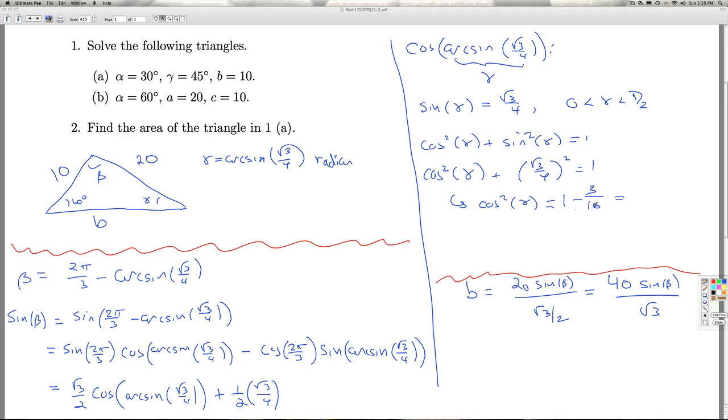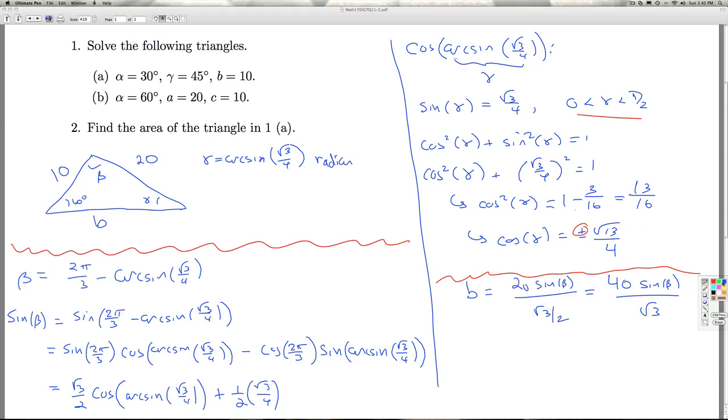I've got 16 over 16 minus 3 over 16. That's 13 over 16. So I get cosine of gamma is plus or minus square root of that, so radical 13 over 4. And since gamma is an acute angle, I know cosine's positive.